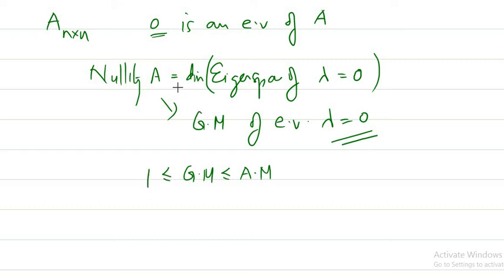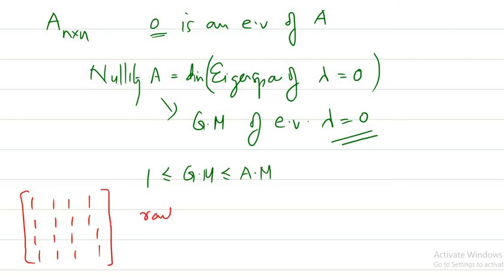So now if you go back to our problem that we were discussing, you had a matrix like this, right? We found that the rank of this matrix was 1. Let us take it as A. Rank A plus nullity A will be equal to the number of columns, that is 4.